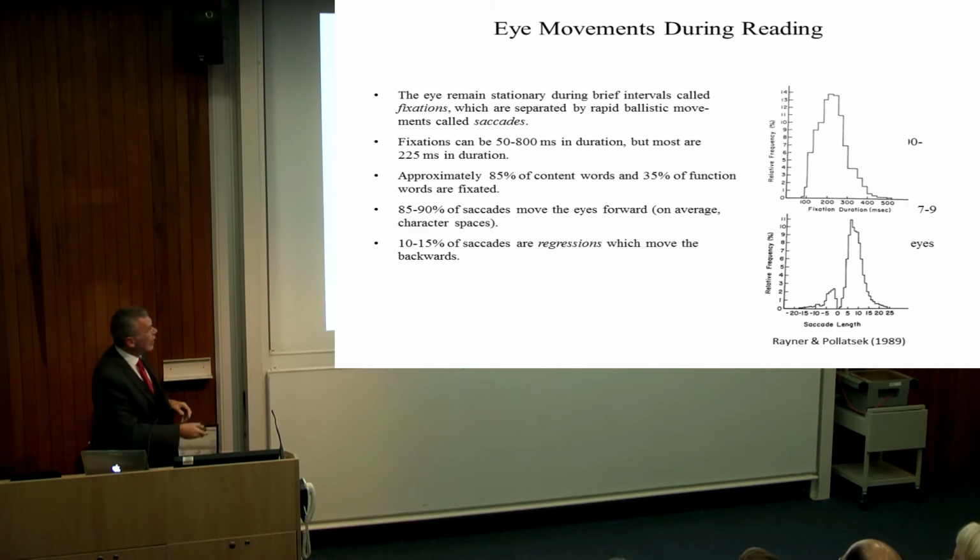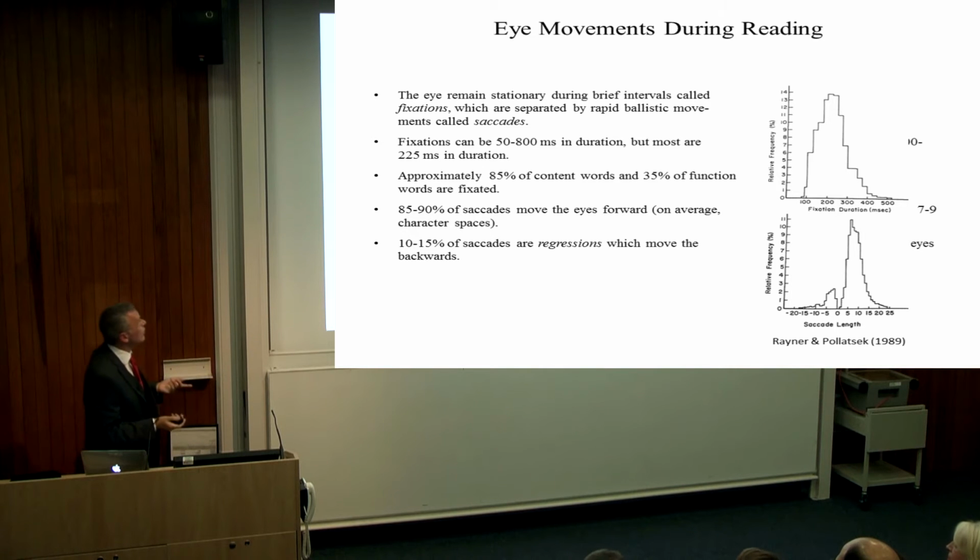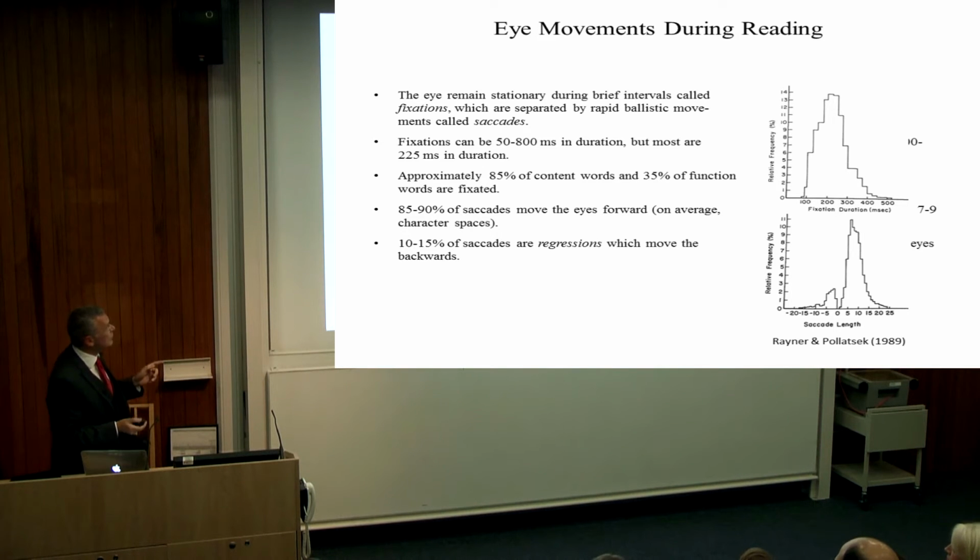So if you plot the durations in milliseconds of fixations and the lengths of the saccades in terms of character spaces, you can actually learn something quite interesting about eye movements during reading. First of all, most of the fixation durations are between 200 and 250 milliseconds, although there's a lot of variability.